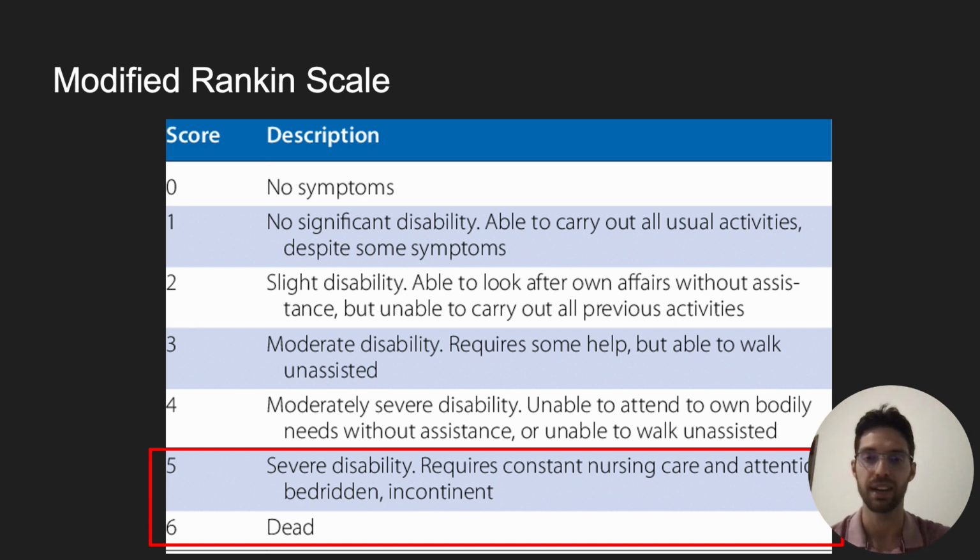So for the sake of clinical relevance, the authors decided to divide this scale in two parts. Either the patient was under severe disability or dead, or not. So the scale was categorized as either being 5 or 6, or being 0 to 4. It became a yes or no variable, which is categorical, and that will dictate which statistical tests will be used for the analysis.